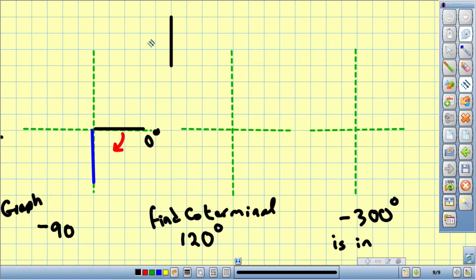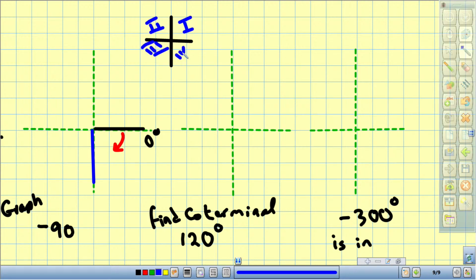First, second, third, or fourth quadrant? 120 happens to be... I need more of you to participate, you guys. I'm being serious now. I need to see more of you participate.